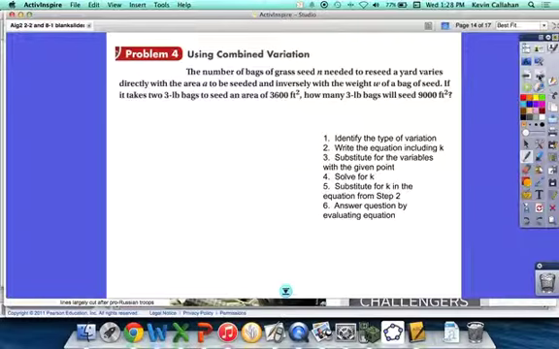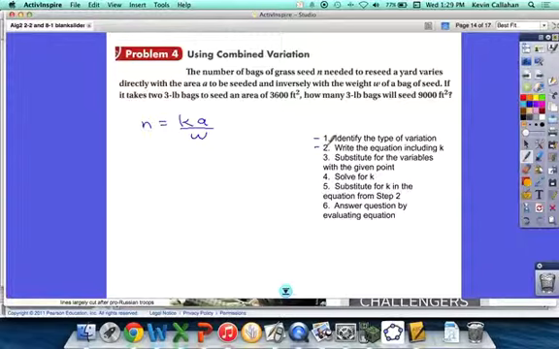So N varies directly with A and inversely with W. Let's write that down: N equals kA divided by W. That is identifying the variation and writing the equation that includes k.